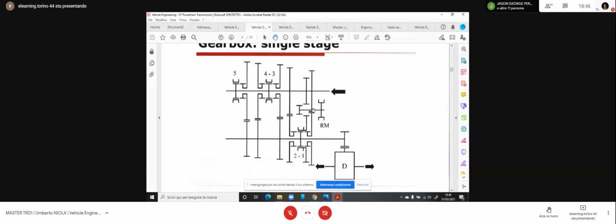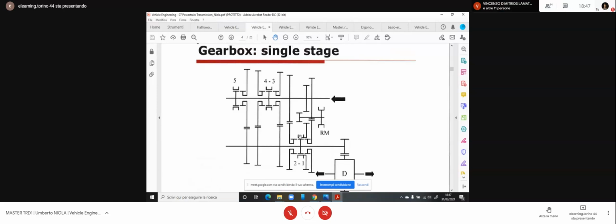The reverse gear is represented in this way. So imagine you need to move physically this little gear entering in this added couple, which is directly coupled with the mesh, so engaged to the final shaft.